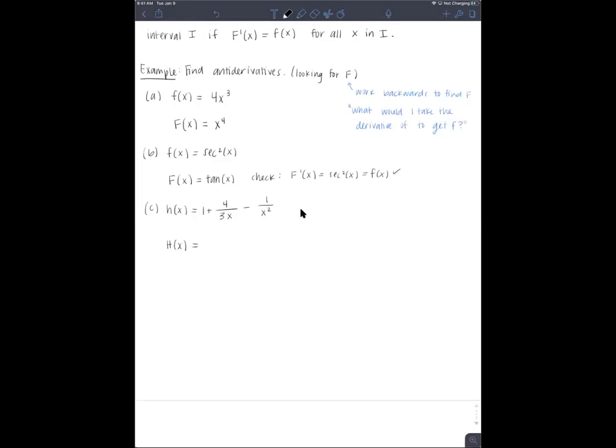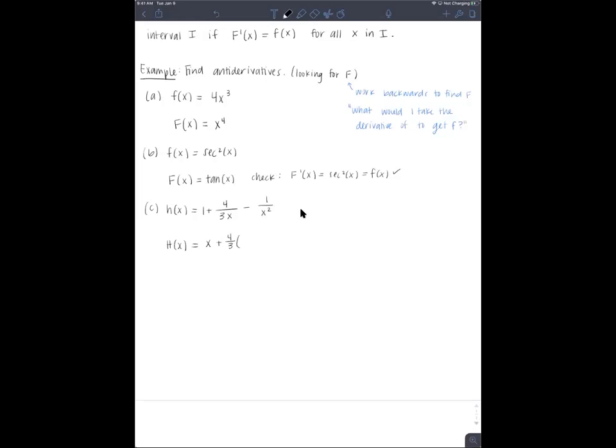And so what did I take the derivative of to get 1? Yeah, just x. So that's that first piece, right? But then remember constants or coefficients, they just are along for the ride. And so that 4/3 was probably not the result of taking the derivative, but was probably just the result of having a 4/3 there in the first place, right? Because coefficients just go along for the ride.